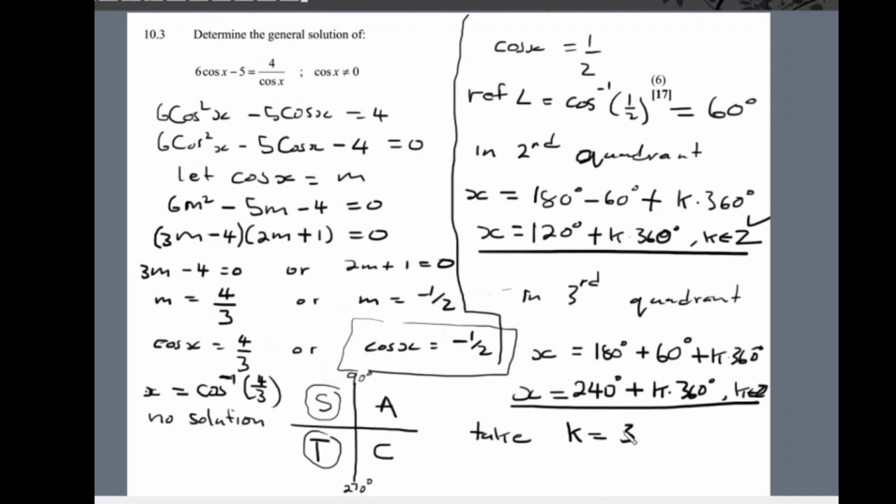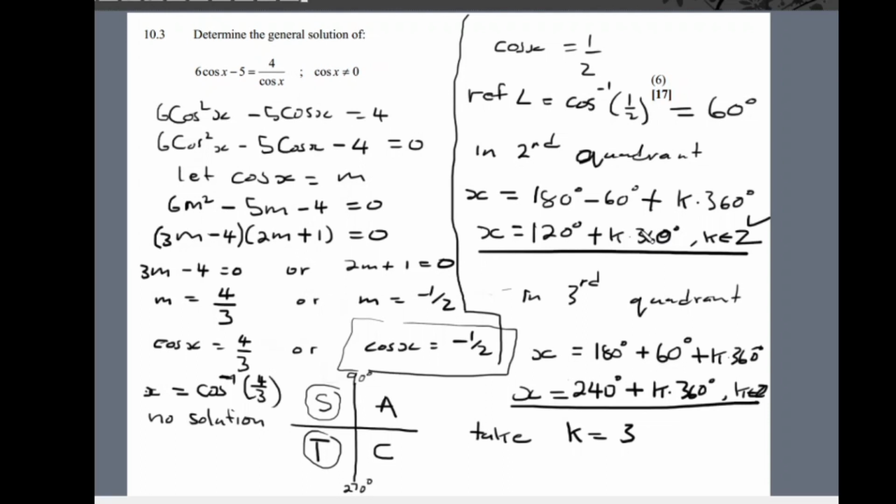If you take k to be equals to 3, kule equation uzoba no 120 plus 3 times 360, x is equals to 1200 degrees, right?